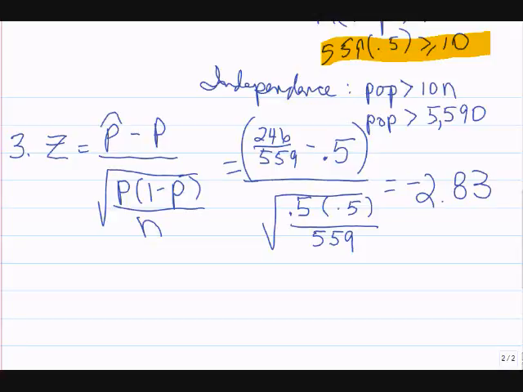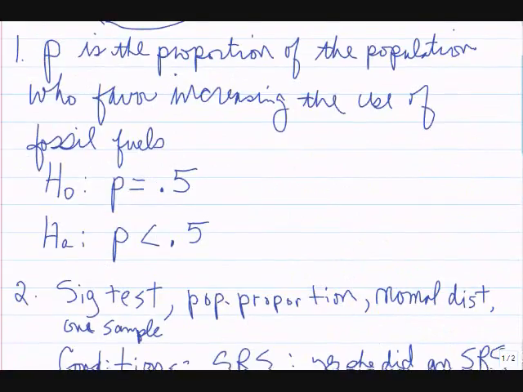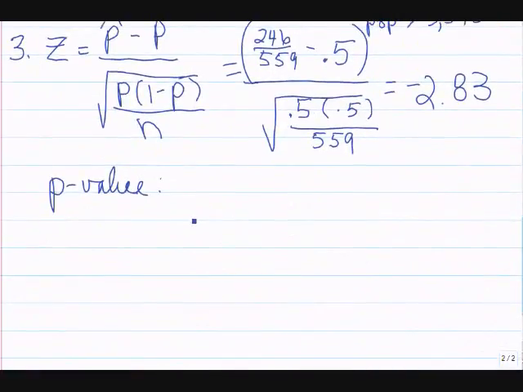Okay. So what else do I need in a significance test? P-value. Yes. Okay. So I'm back to a normal distribution. So let me think of what my alternative hypothesis was, a less than. So now we're going to be in a normal distribution.